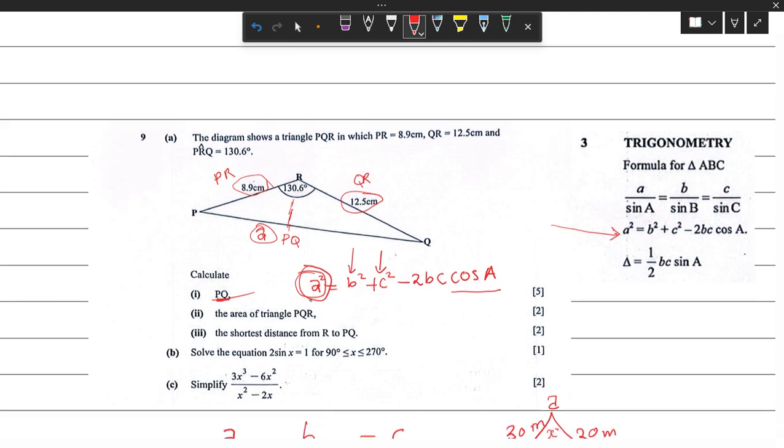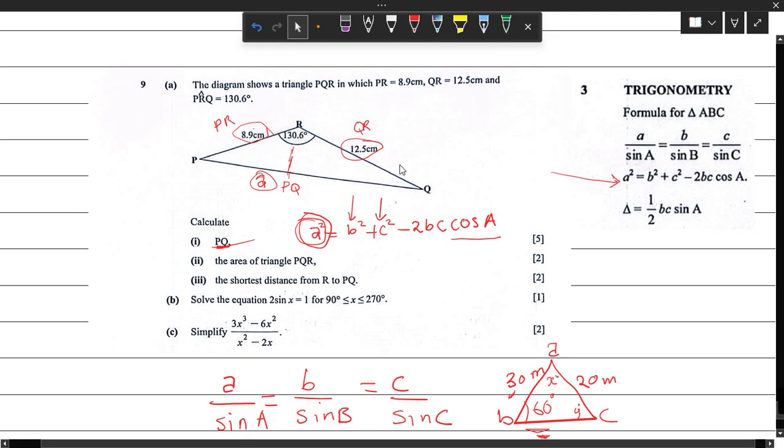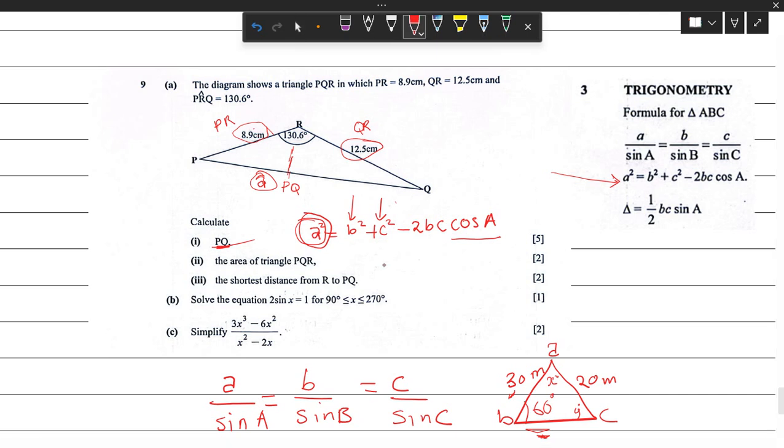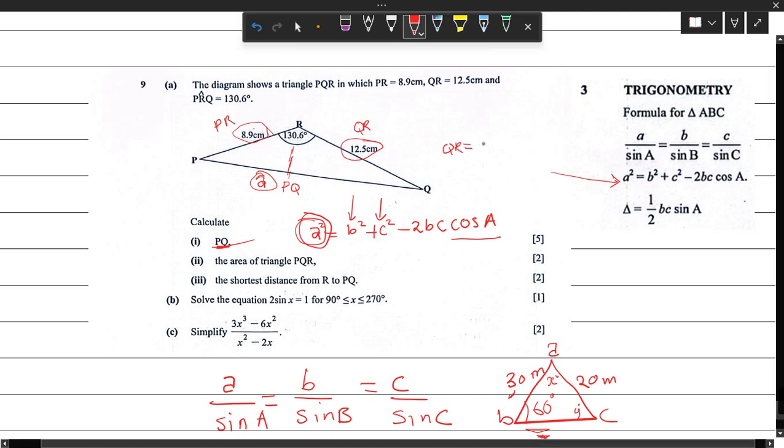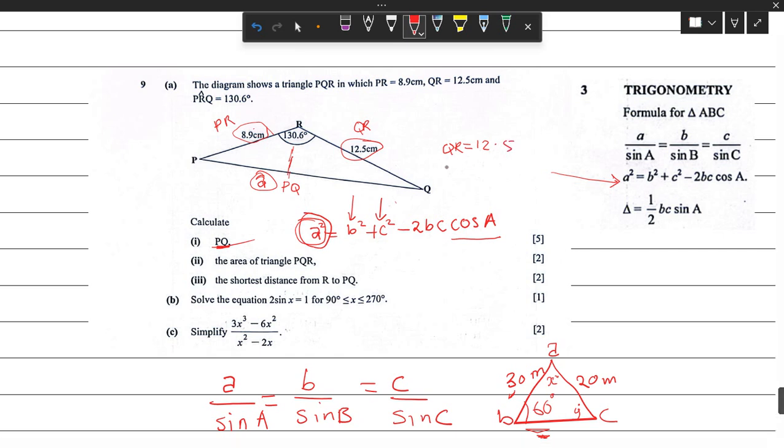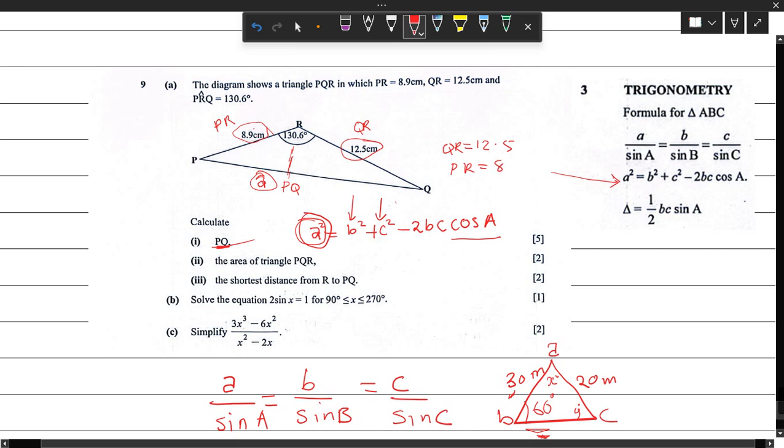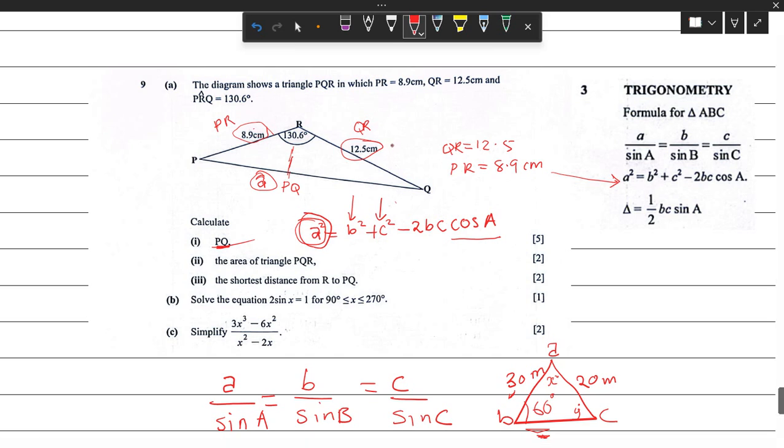Okay, so let's now apply our formula. We can just write here QR is equal to, let's say 12.5 centimeters. PR is equal to 8.9 centimeters. You can put this as B if you want, this as C. It doesn't matter.